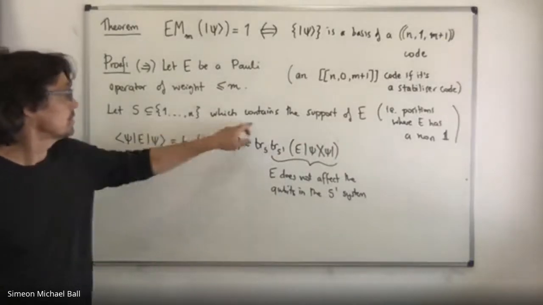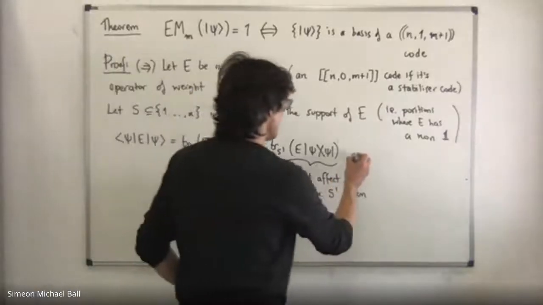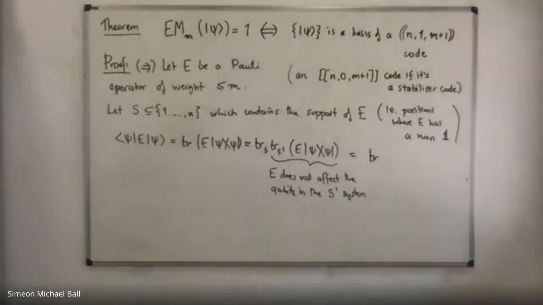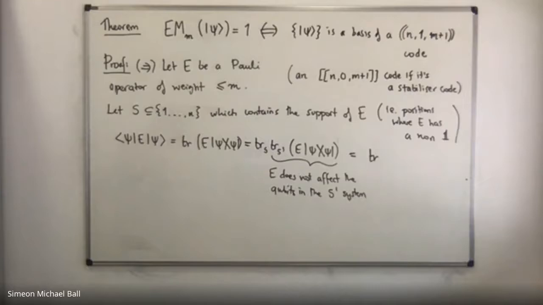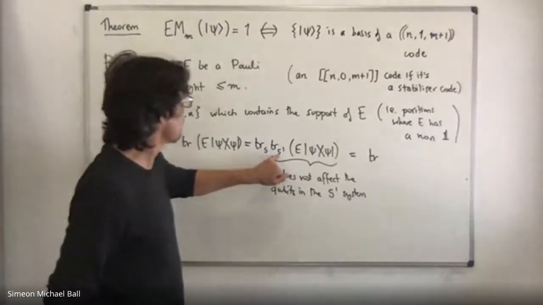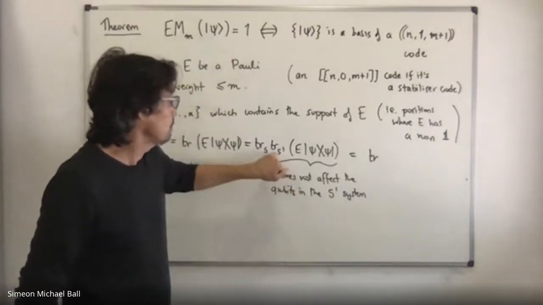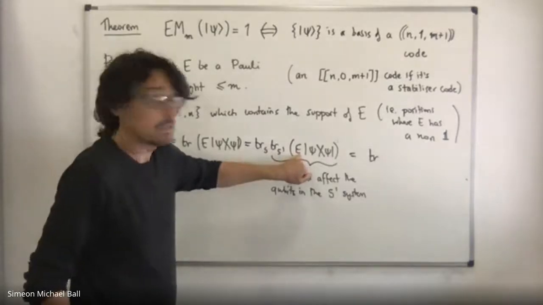S contains the support of E. So when we trace out the S prime system, since it's maximally mixed, we're just going to get what we would have got if that E hadn't been there, because it doesn't do anything on that bit.